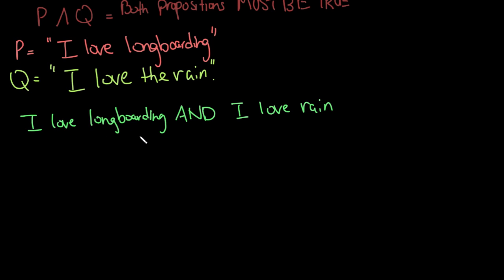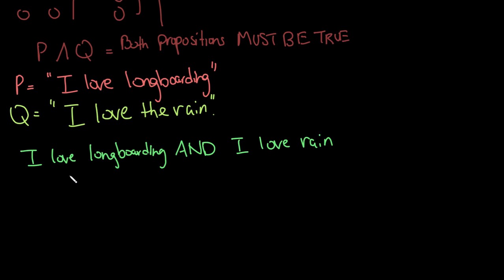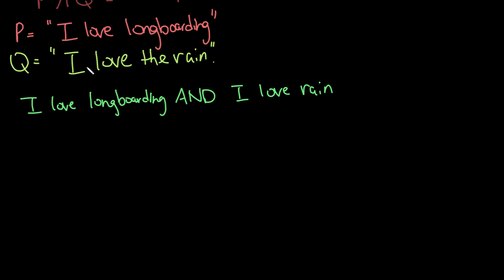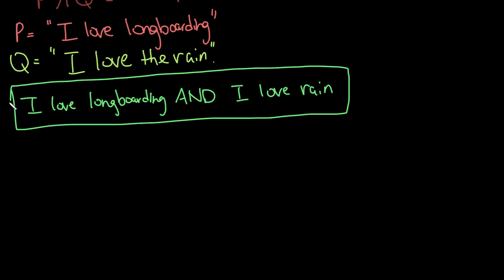But if one of these things is false, if I don't love longboarding but I love the rain, then you're basically saying two things to begin with, and if one of them is false, the entire sentence is false. If I love longboarding is false and I love rain is true, you're saying a false and a true, and anything false and true is always going to be false.